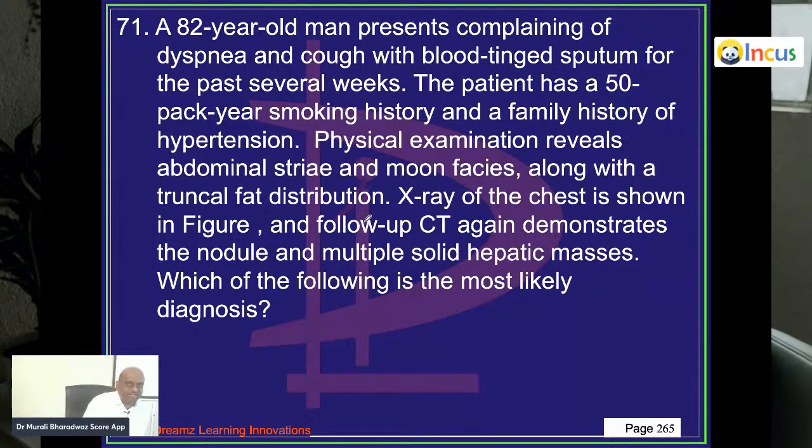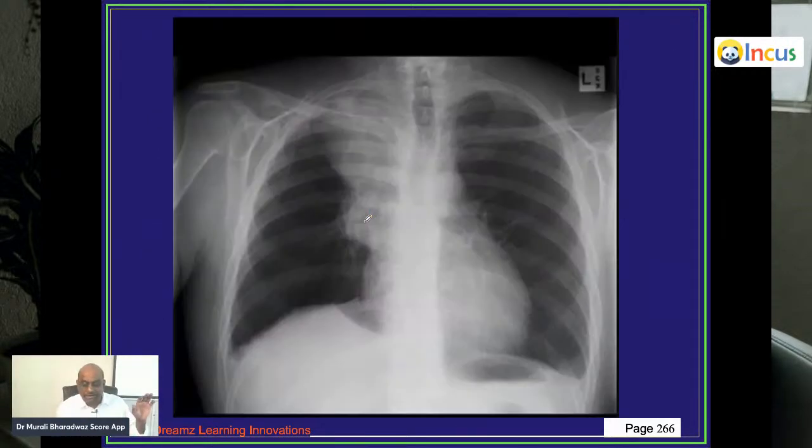So Cushing is there, hemoptysis is there. What is the possibility? Hemoptysis is due to bronchogenic carcinoma. Which bronchogenic carcinoma may lead to paraneoplastic syndrome of Cushing? Small cell carcinoma, right? And the X-ray of the chest is showing a central lesion.